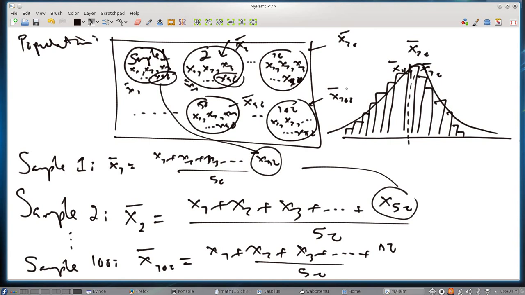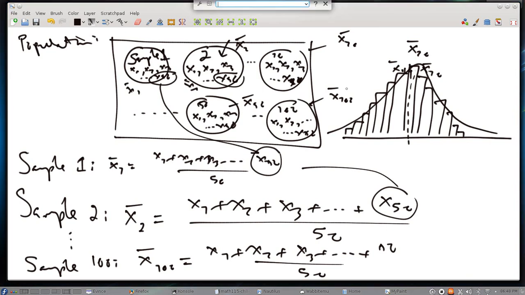So if we add all of these sample means and then divide by the number of the samples, and there are 100 of them, then we get what is called the true characteristic of the population mean, and we call that number the mean of the sample mean. Did you get it?